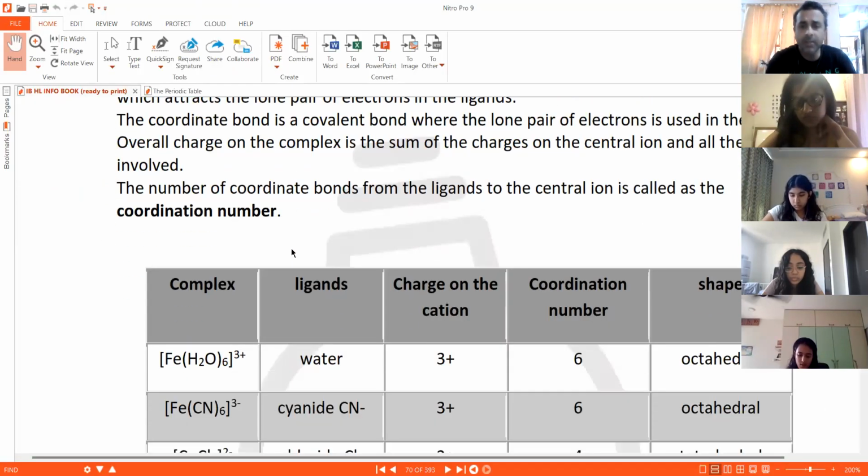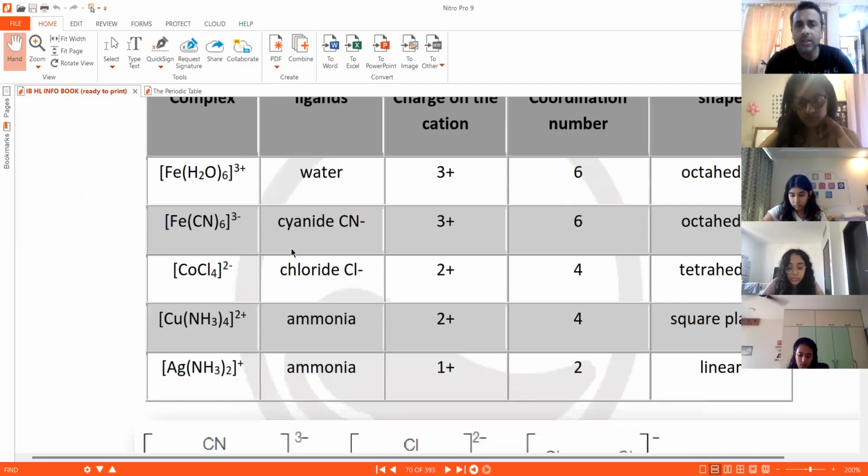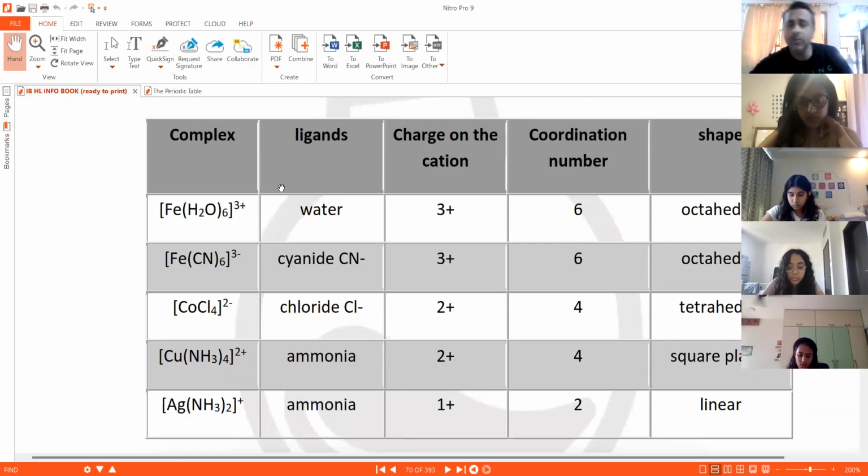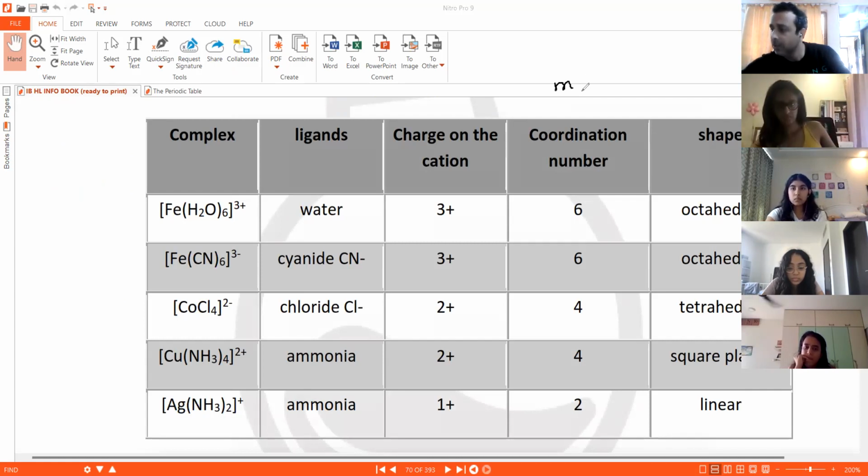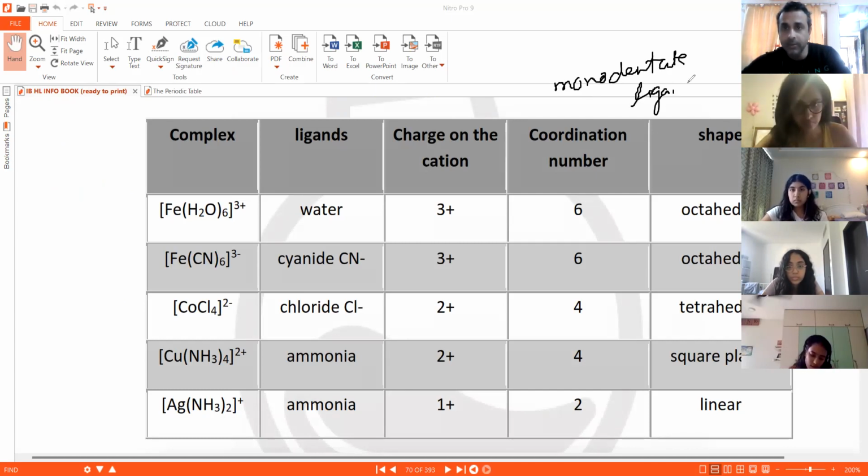So all the examples here are ligands which can have only one coordinate bond. Such ligands are called monodentate ligands. So ligands which can form only one coordinate bond are called monodentate ligands.